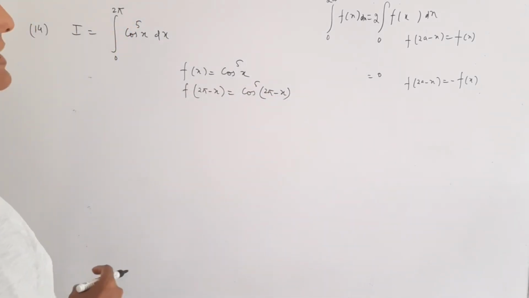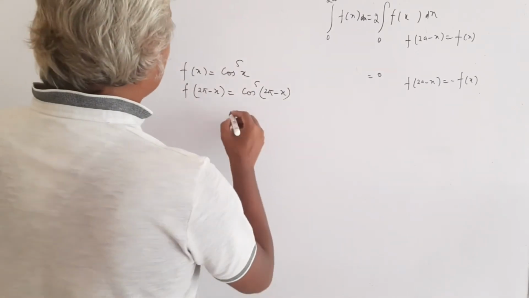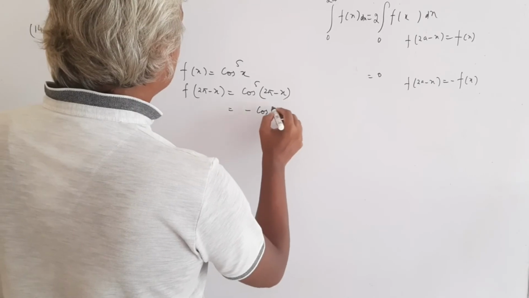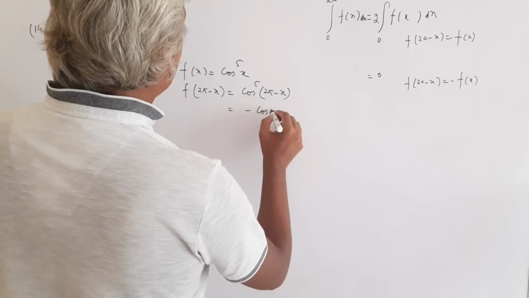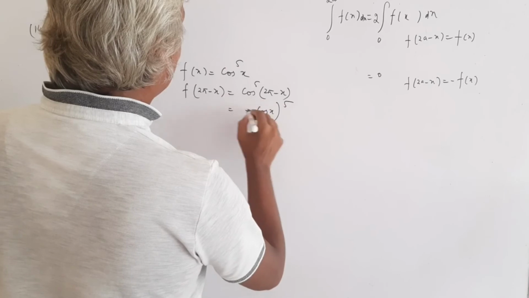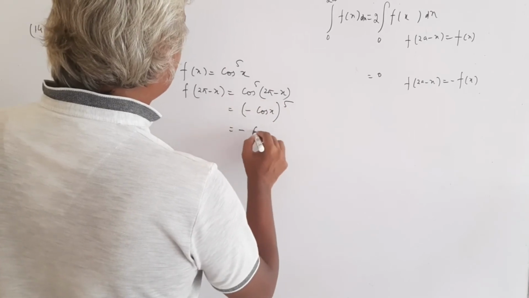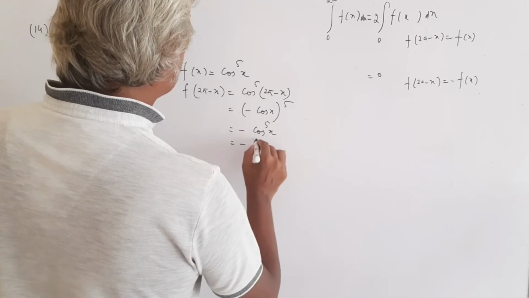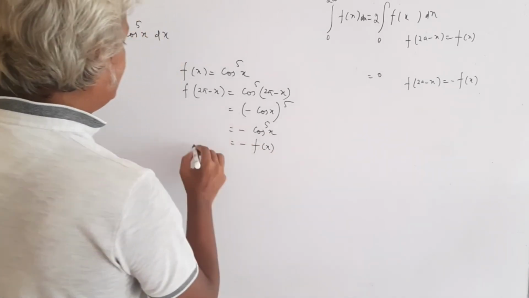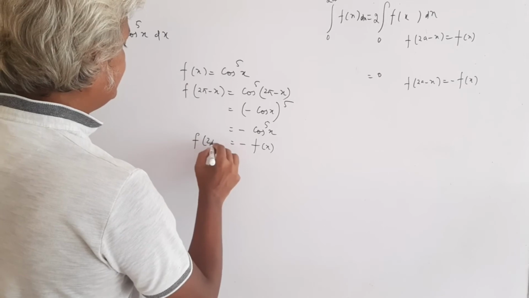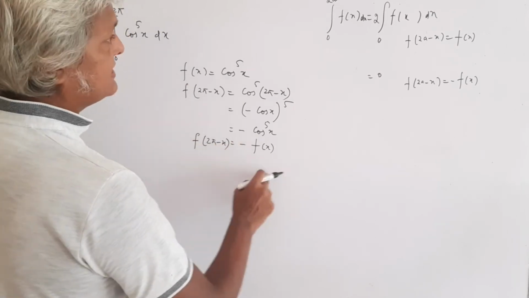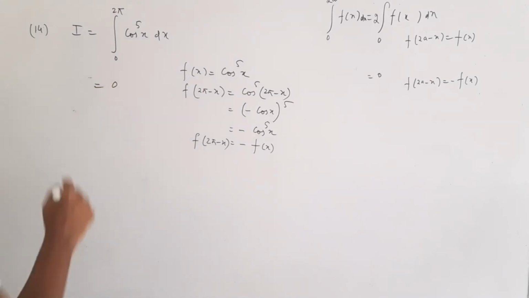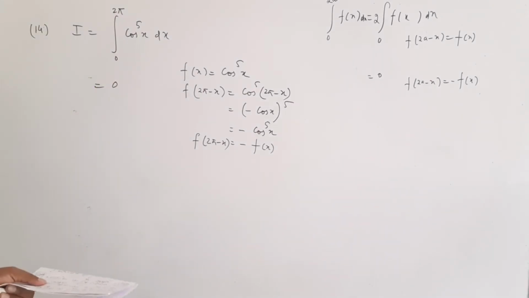Cos of 2 pi minus x means fourth quadrant, and this will become positive, so cos x whole to the power 5, and this is cos to the power 5x. This is f(x). So f of 2 pi minus x is f(x), and the answer is 2 times the integral from 0 to pi of cos to the power 5x.